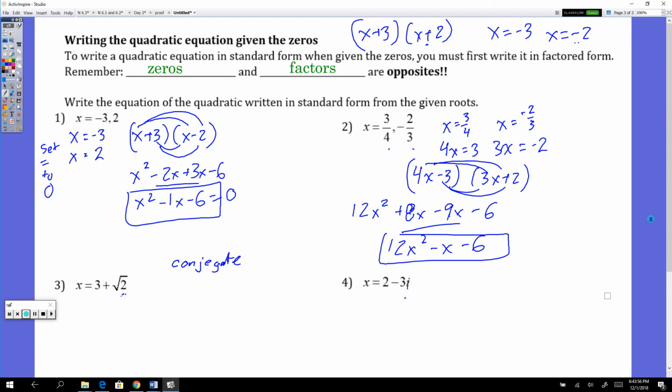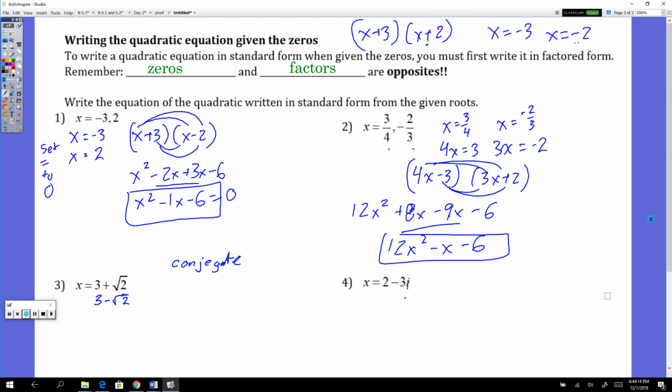That was the idea that if this is 3 plus square root of 2, then the conjugate of that is 3 minus square root of 2. So it's sort of understood that those are the 2 solutions.